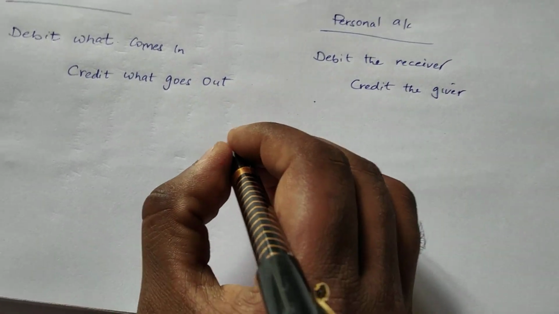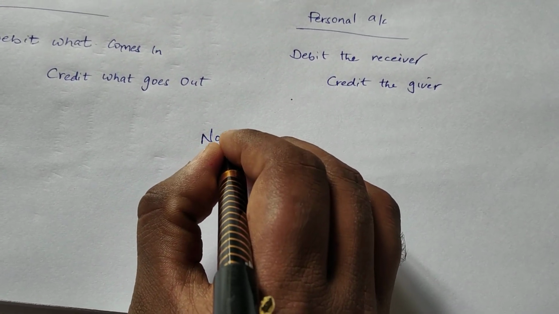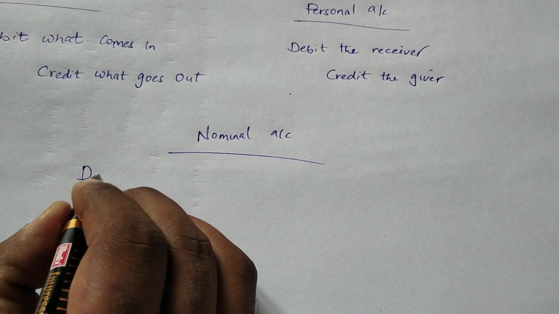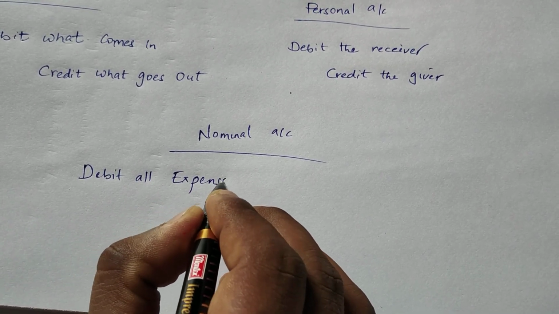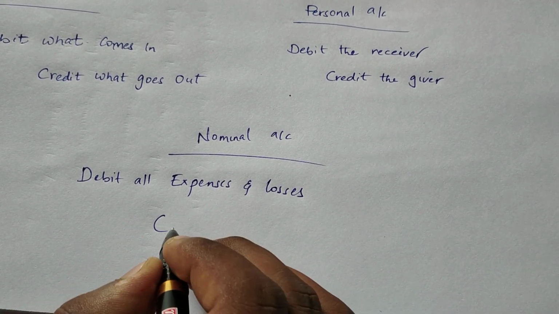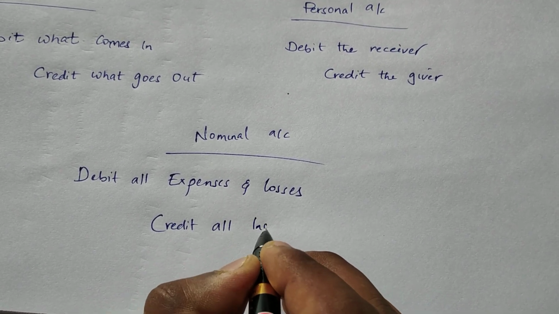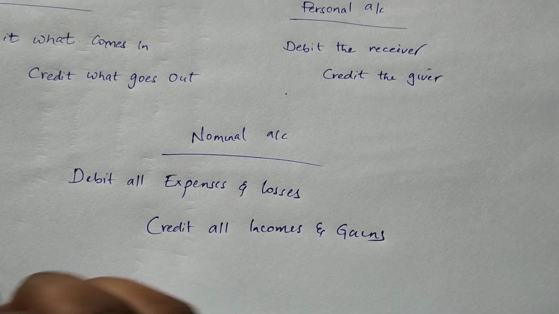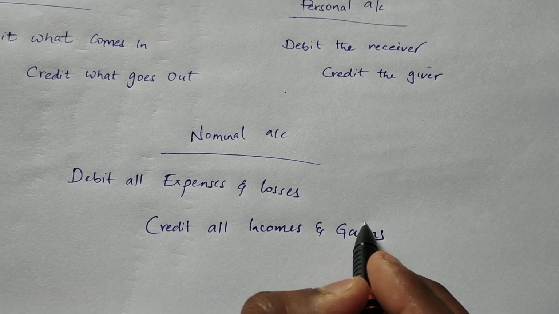For the nominal account, debit all expenses and losses, credit all incomes and gains.